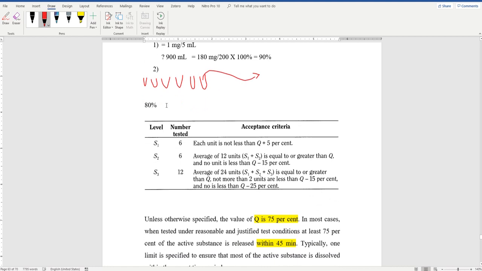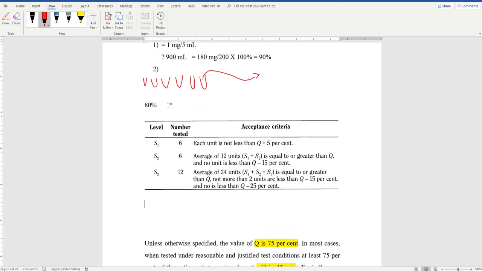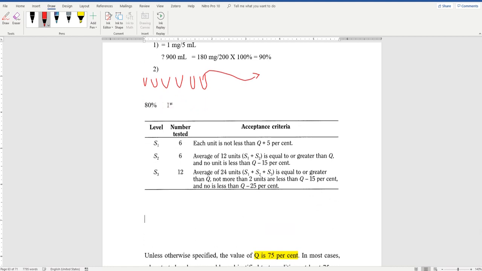So now you have 12 units: 6 from stage 1 and 6 from stage 2.